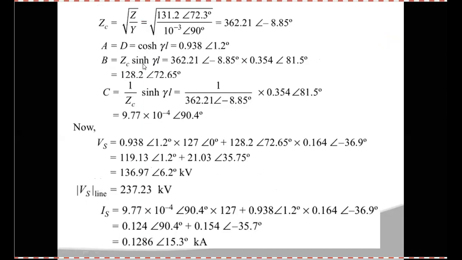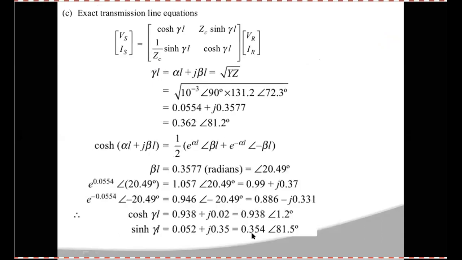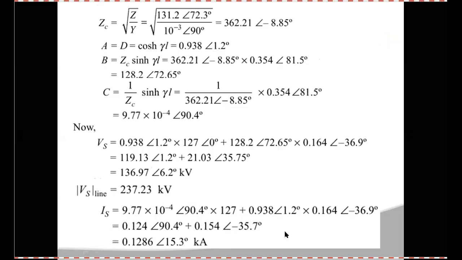And B is ZC sinh gamma L, and D is as above. So A is equal to D, which is cosh gamma L, and B is ZC sinh gamma L, where ZC is 362.21 at an angle of minus 8.85 degrees, and sinh gamma L we calculated previously, which is 0.354 at an angle of 81.5 degrees.